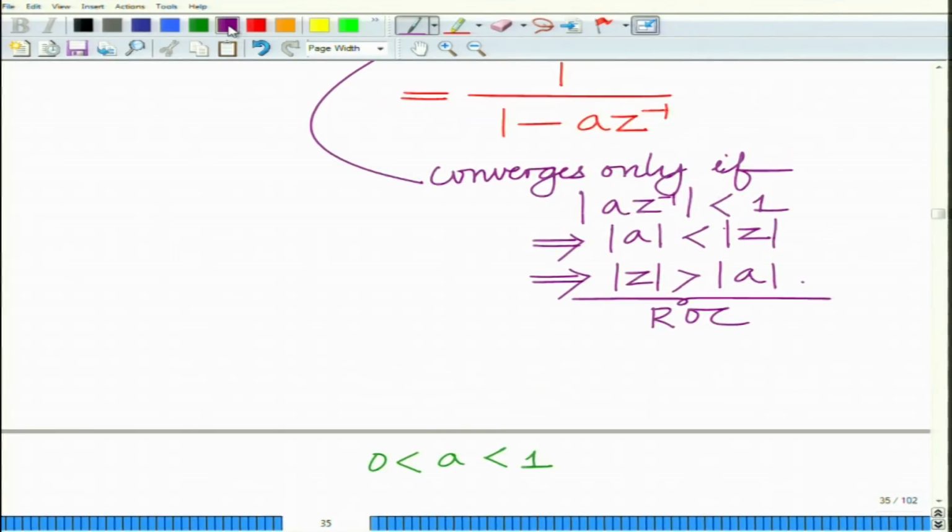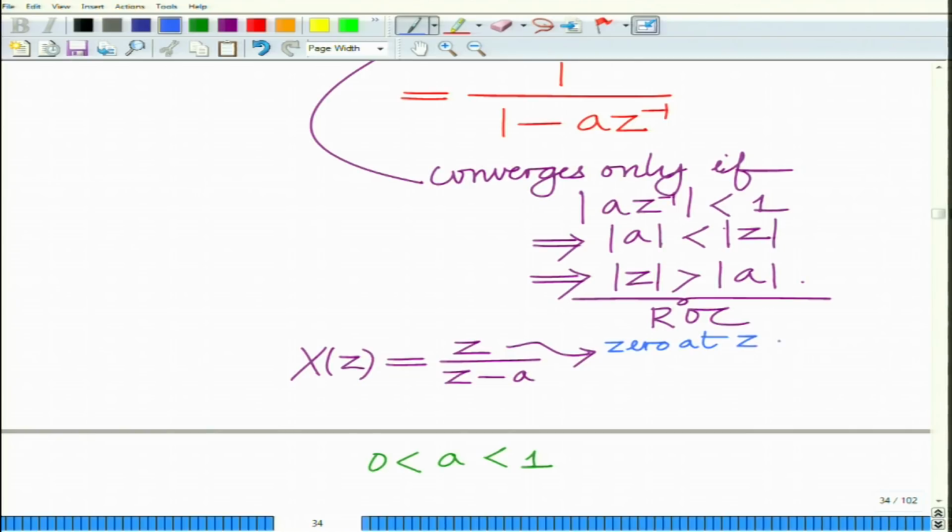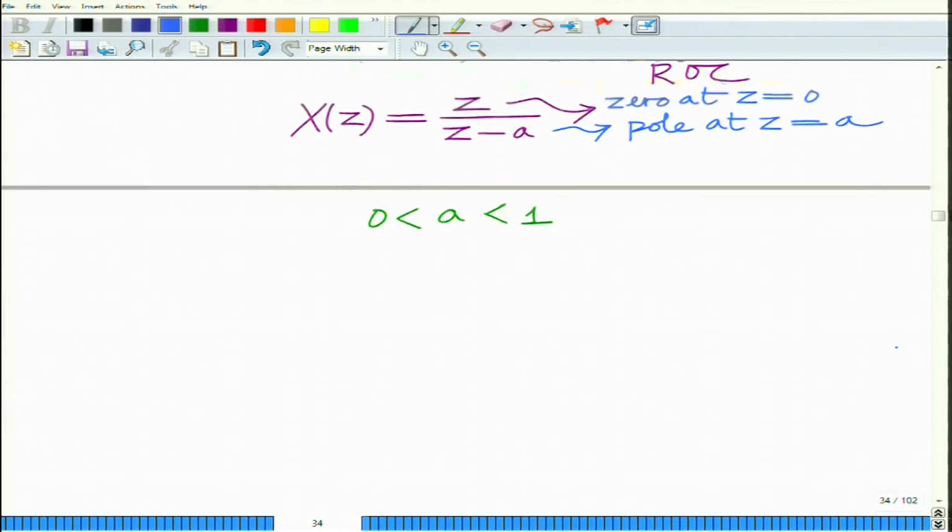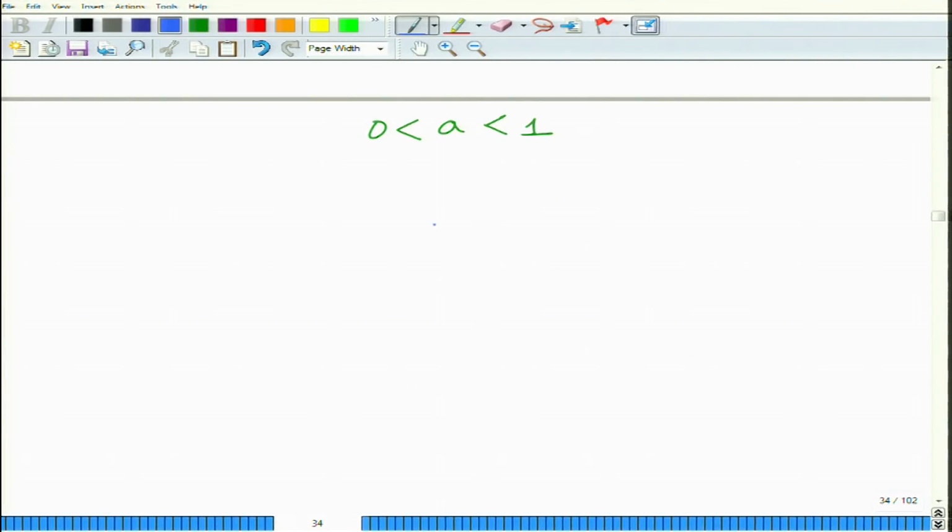So, now if you look at this, X(z) equals z over z minus a, this has a zero, that is root of the numerator, at z equal to 0, and this has a pole, that is root of the denominator, at z equal to a, and I can plot this in the z plane.